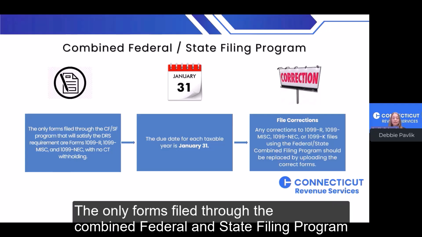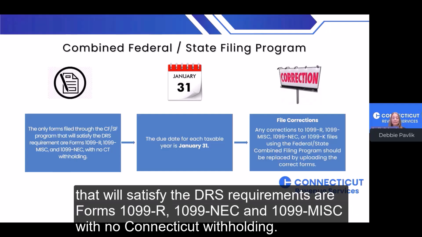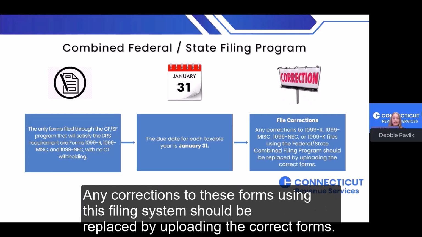The only forms filed through the combined federal and state filing program that will satisfy the DRS requirements are Forms 1099-R, NEC, and miscellaneous with no Connecticut withholding. Any corrections to these forms using this filing system should be replaced by uploading the correct forms.